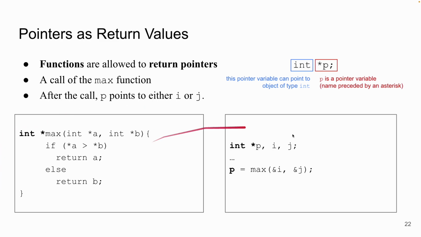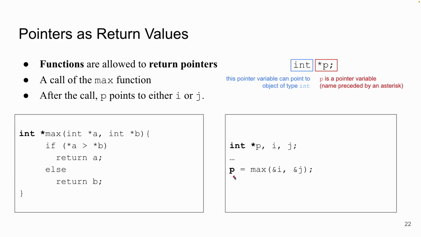And let's check out how we can use this max function and how we can get its return value. So here is how we can call the max function in the main function. First, I declare i and j as two integer variables, and I have another pointer p here. p is a pointer variable that can point to an integer object.